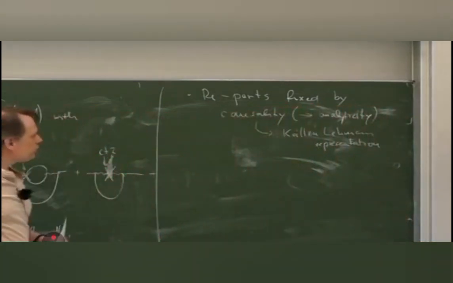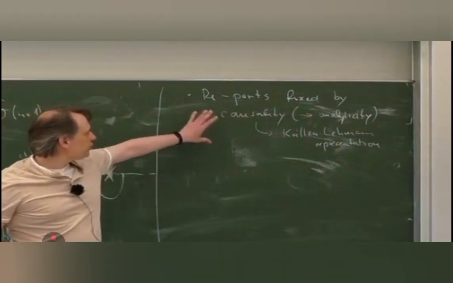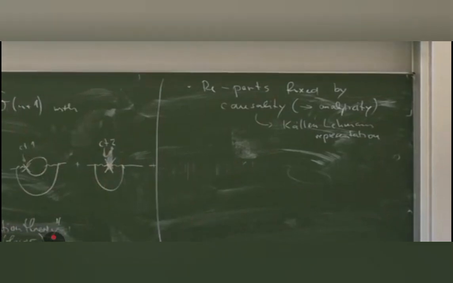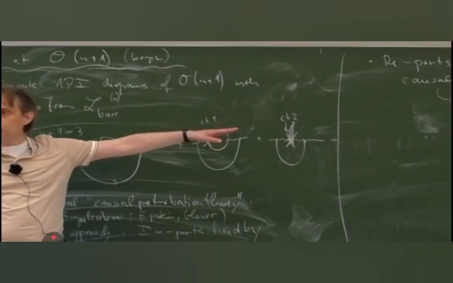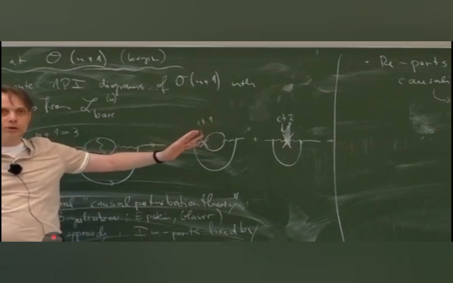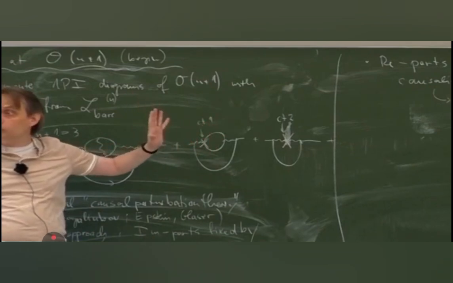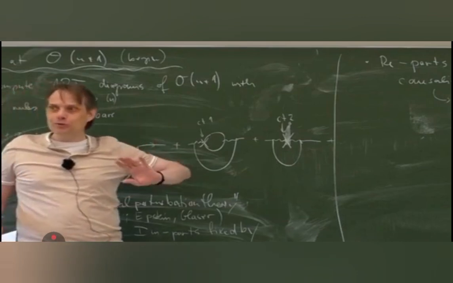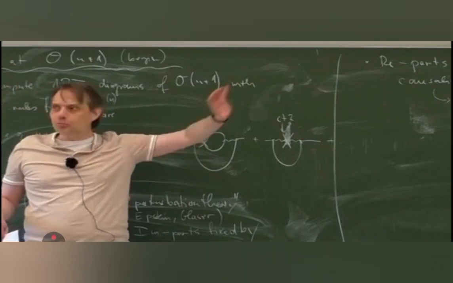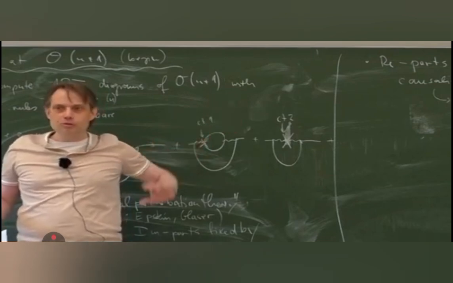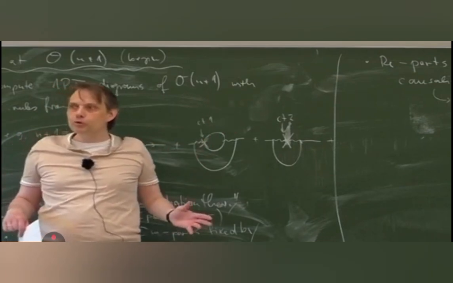So the real parts are then fixed by analyticity, and analyticity mathematically simply means that, of course, the imaginary part and the real part are not independent of each other. If you know the imaginary part, you know a lot about the real part. However, you do not know the real part completely, because there are functions which are completely real, and they would not change the relationship between imaginary and real parts, for example, polynomials.